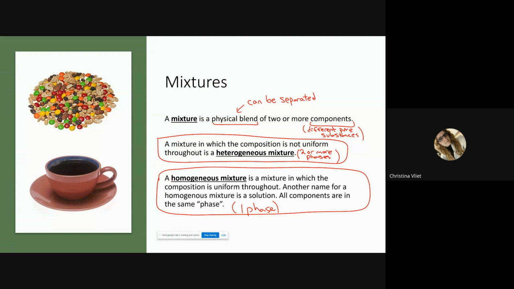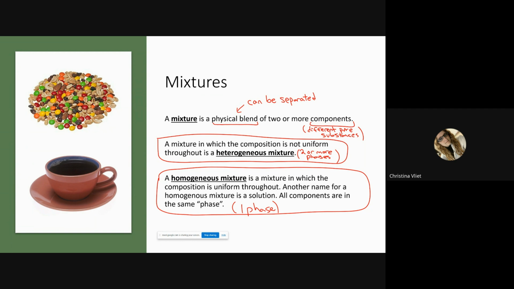The example you'll see for a heterogeneous mixture on the left is trail mix. In trail mix, you've got your M&Ms, or chocolate candy. You've got raisins. You've got almonds. You've got peanuts. And you can pick out all the different pieces from each other. With a heterogeneous mixture, you can easily separate the components because you can visibly see them.